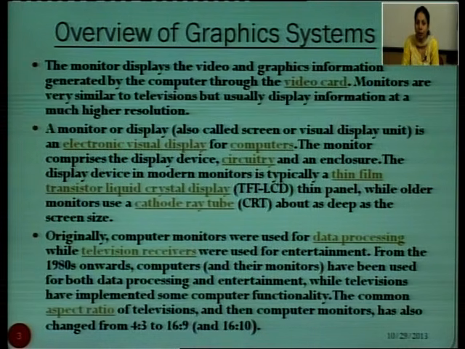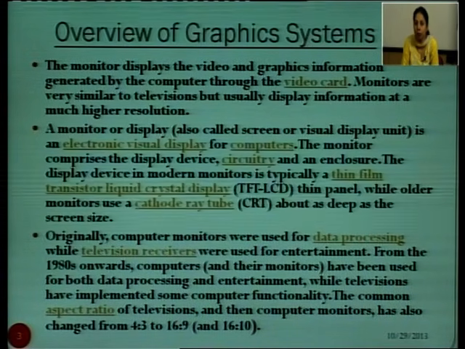The display device in a modern monitor is typically a thin film transistor liquid crystal display, that is TFT LCD, a thin panel, while older monitors use a CRT. Means in the older versions of monitors we generally used CRT, that is cathode ray tube, but nowadays the monitors which are coming are TFT LCD screens.